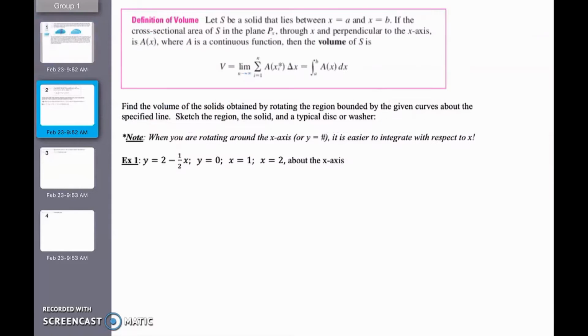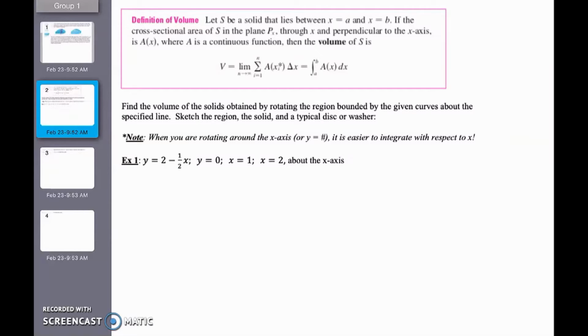So we've got this definition of volume. Let S be a solid that lies between x equals a and x equals b along the x-axis. Those are going to be our limits of integration. Then if the cross-sectional area of S in the plane P of x, through x and perpendicular to the x-axis, is A of x, where A is a continuous function, then the volume of S is going to be equal to the limit as n goes to infinity of the sum from 1 to n of the area of a slab times the height of the slab, right?